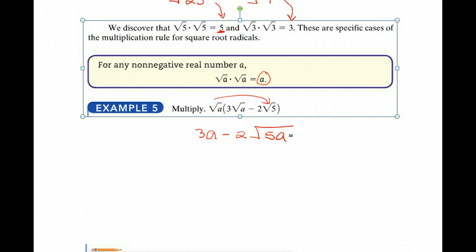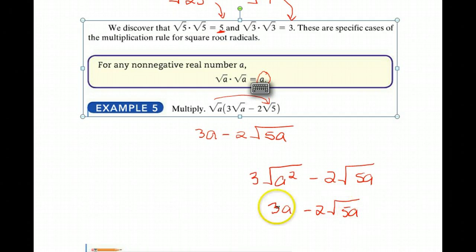Now, if you happen to forget about this rule and you were to write it as 3 square root a squared minus 2 square root 5a, and then say, hey, a squared is a perfect square, I can evaluate that, you would get right back to 3a minus 2 root 5a.